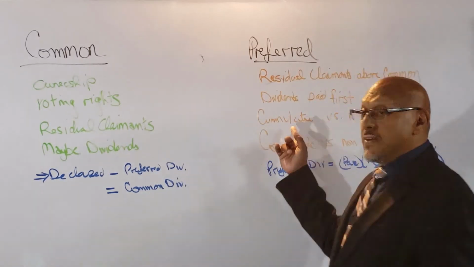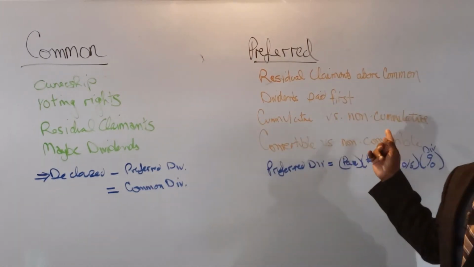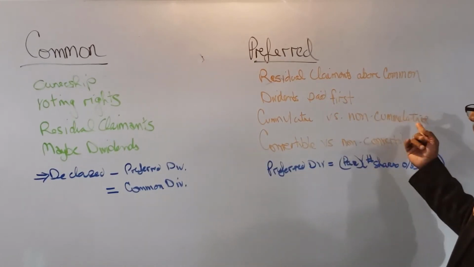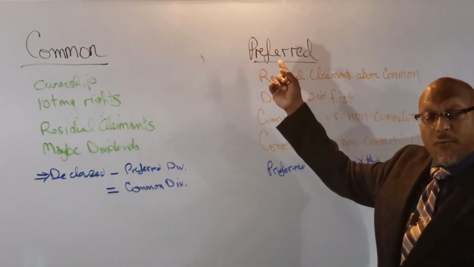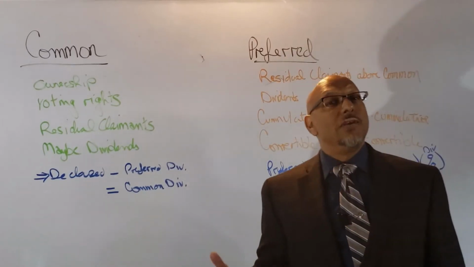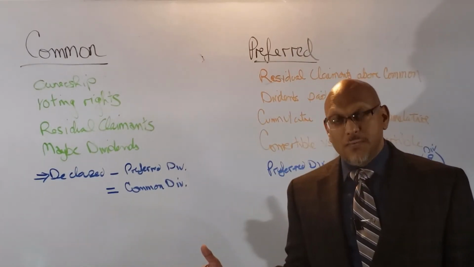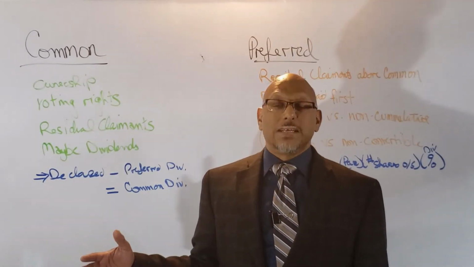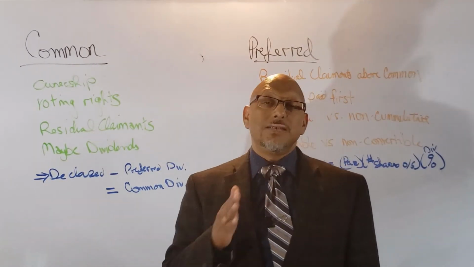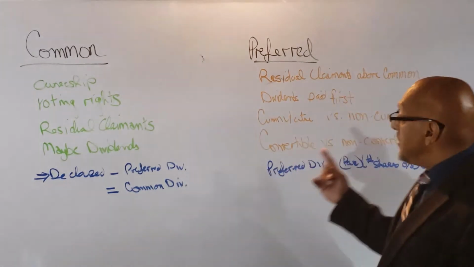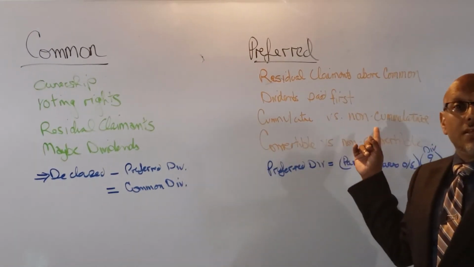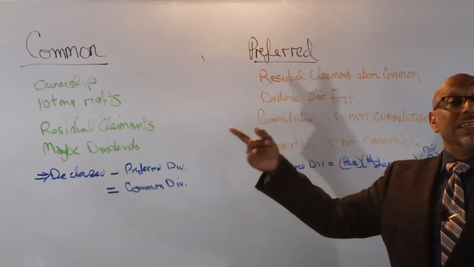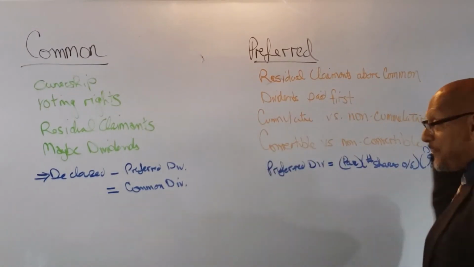A non-cumulative preferred stockholder does not get the previous year's unpaid dividend. So if in 2018 the company does not declare a dividend and in 2019 they do, the non-cumulative will only get the 2019 dividend. The cumulative would have gotten 2018 and 2019, so they get double paid.